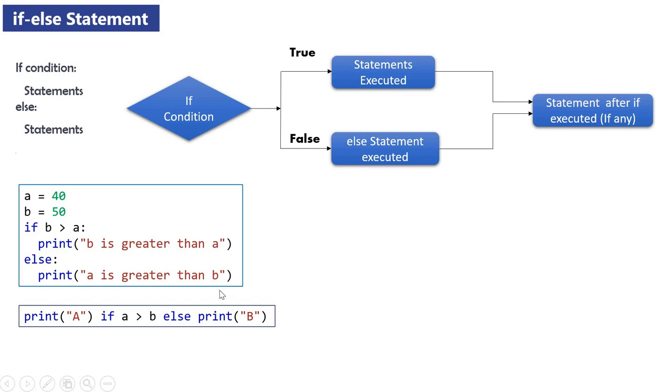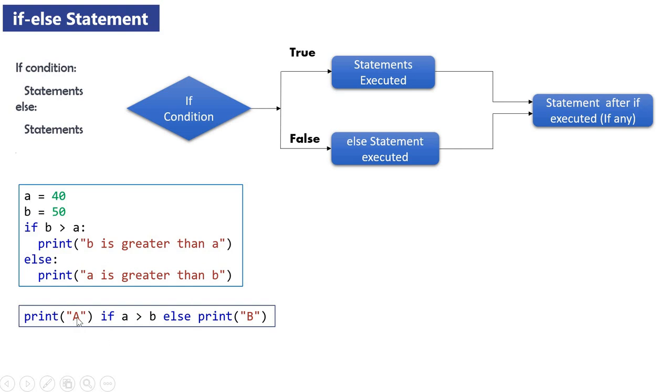If I have to write it in a single line, in that case print a. I'm not using the same statement, I'm just trying to print only a single letter. You can use the complete string, b is greater than a or a is greater than b. I'm just making it a bit short.